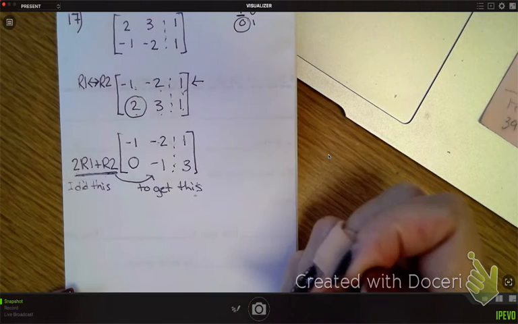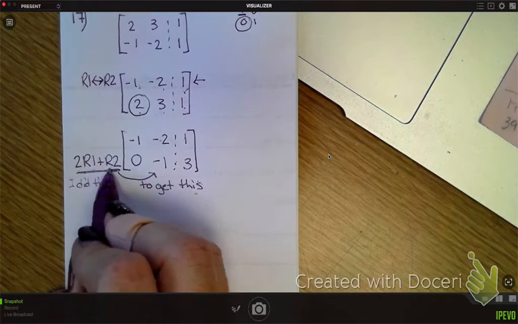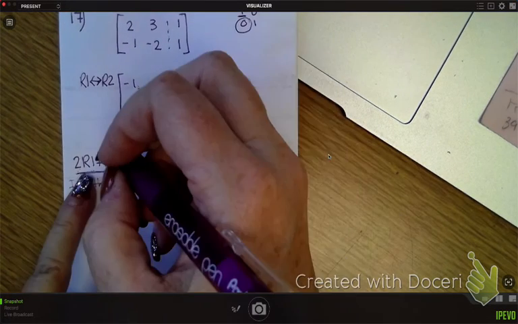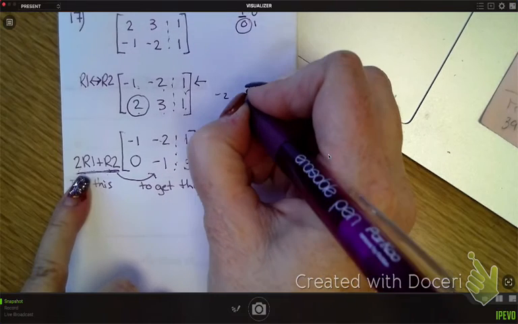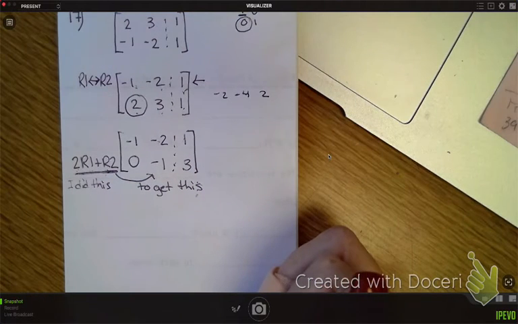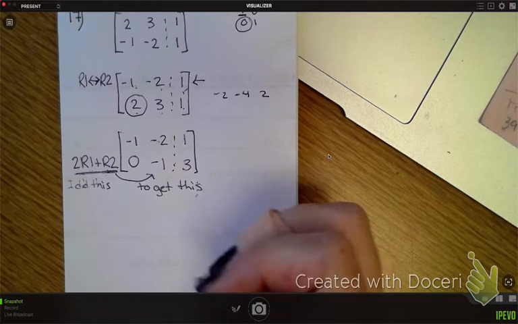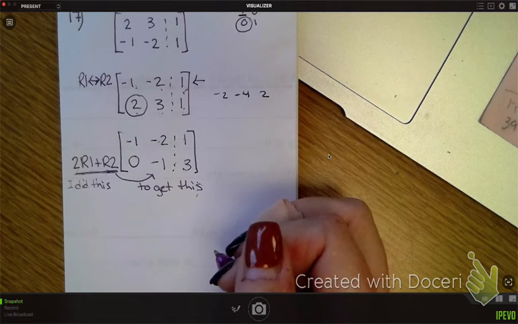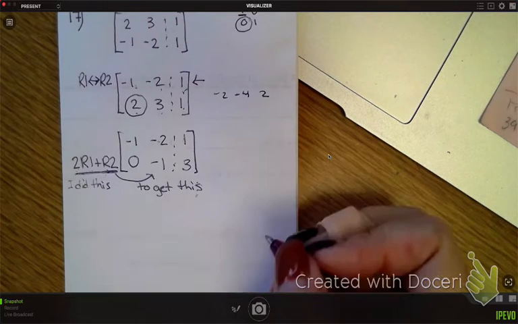Oh, 2R1 plus R2. Never mind. If you need to, off to the side, go -2, -4, 2, can you do that? Yes. I'm not stopping you, but I'm not going to do it. That's why I do one thing at a time.